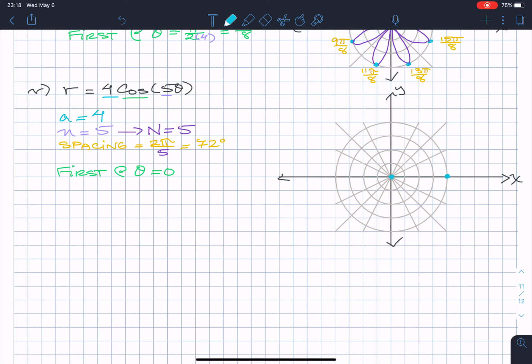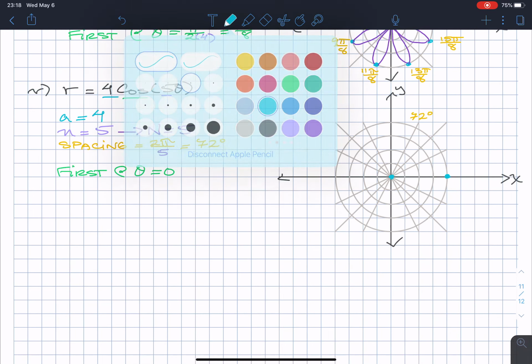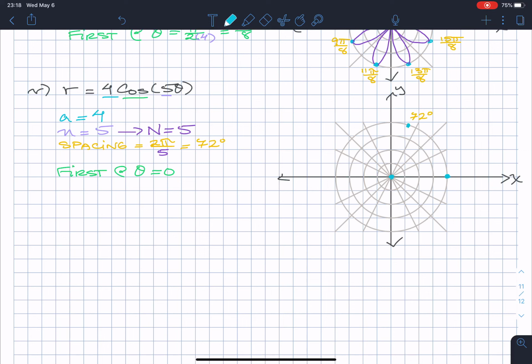But now my first petal is at 72 degrees, which is going to be a little bit beyond the 60, right? My next petal, if I add 72 and 72, I get 144. So that's going to be not quite 150, so 144 degrees is going to be about here.